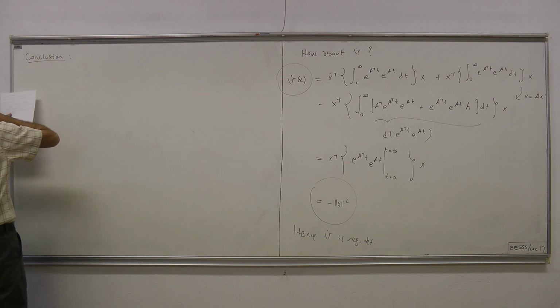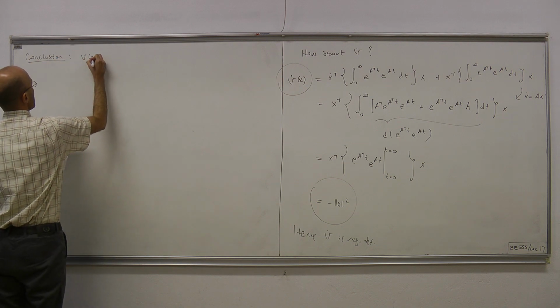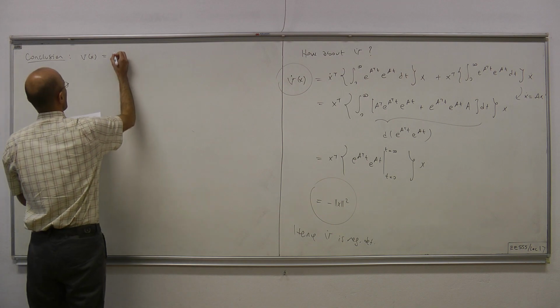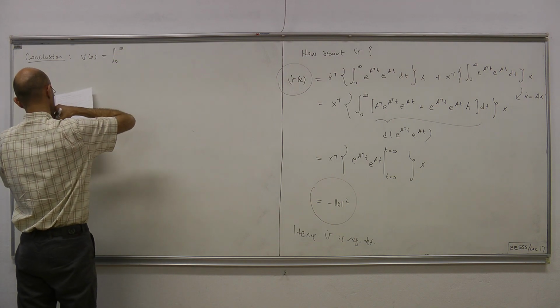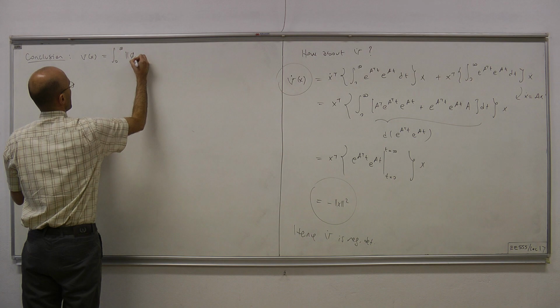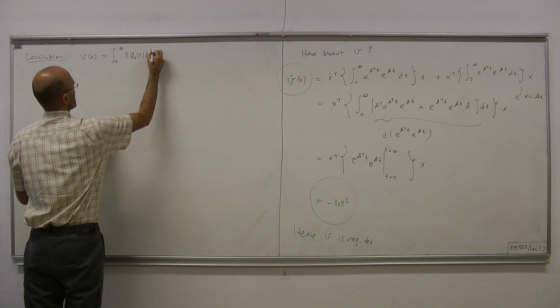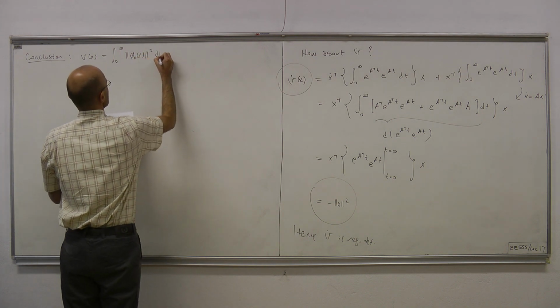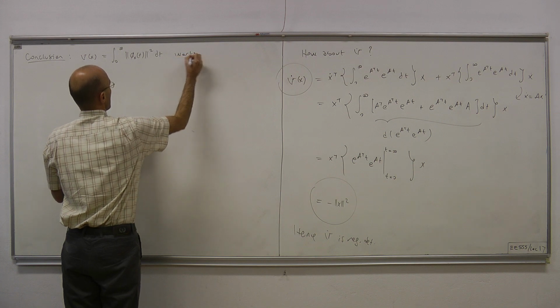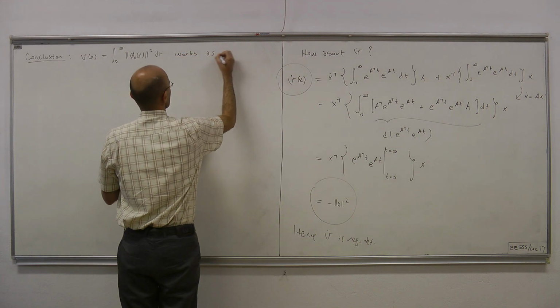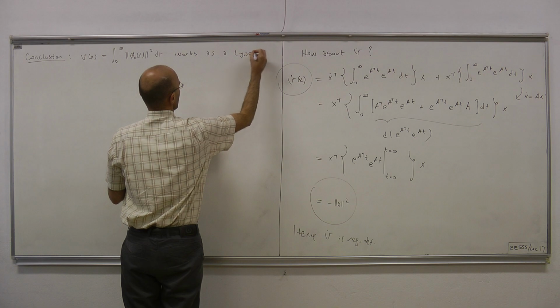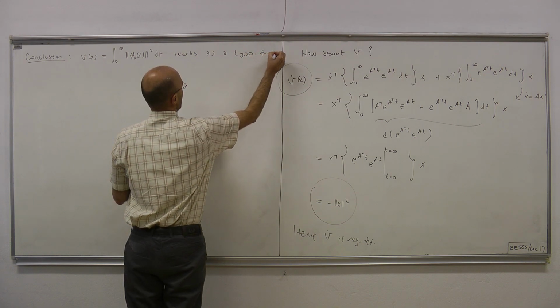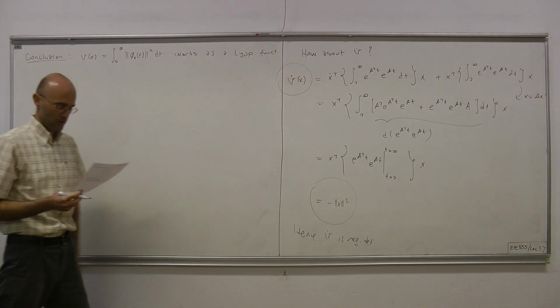Conclusion. V of x, constructed as the integral of 5x of t squared dt, works as a Lyapunov function.